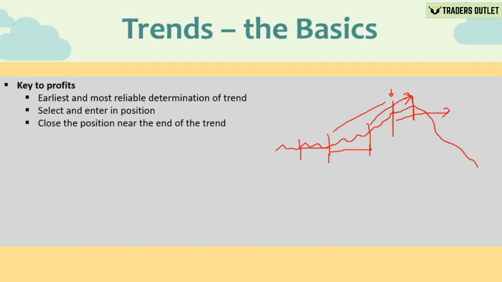So entering into a position first, being able to recognize a trend, entering into a position, and then exiting it on time, these all three things are extremely important from a trend analysis perspective. Right now, this is upward trend because this part is a downward trend, right?